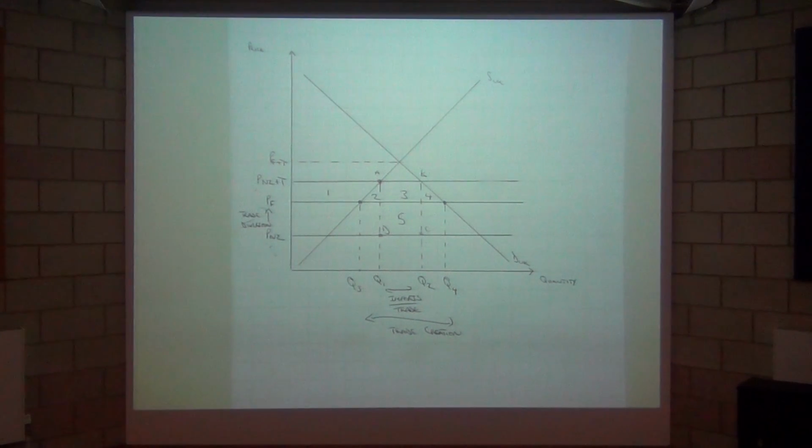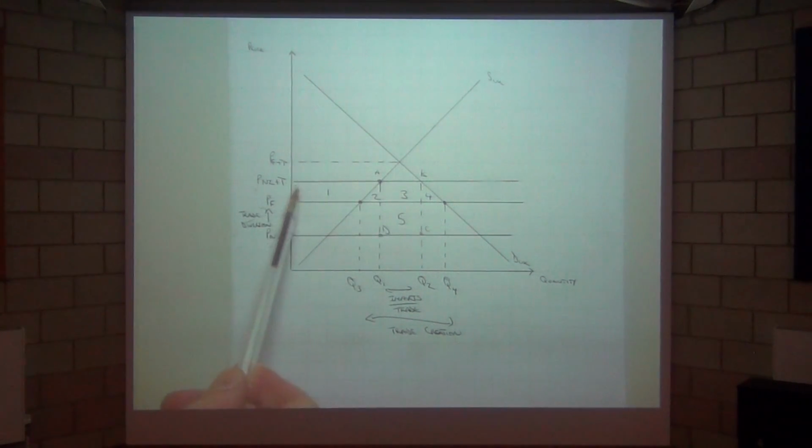Okay, let's consider areas 1, 2, 3 and 4 first of all. When we were buying from New Zealand, the area of consumer surplus, just to refresh your memories, consumer surplus is the area above the price and below the demand curve.